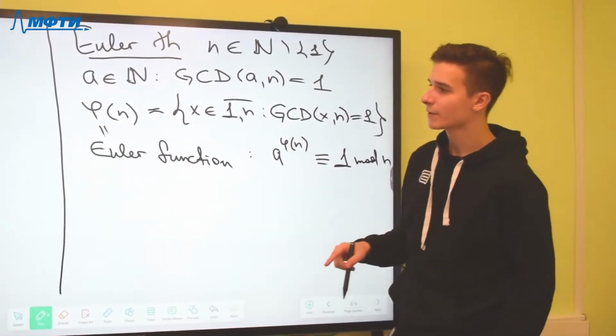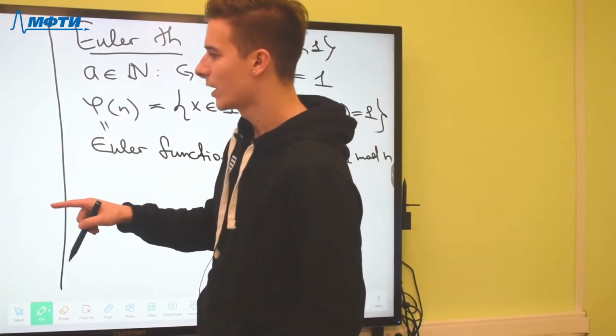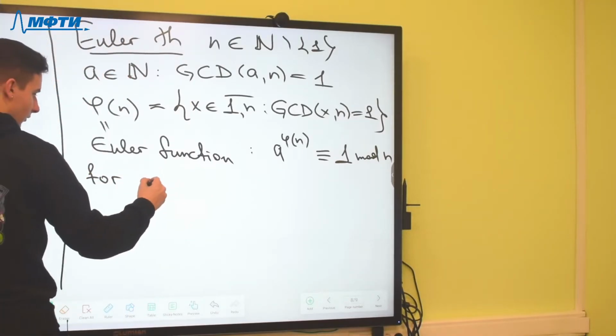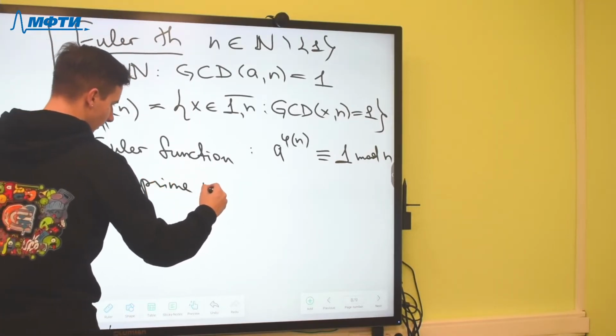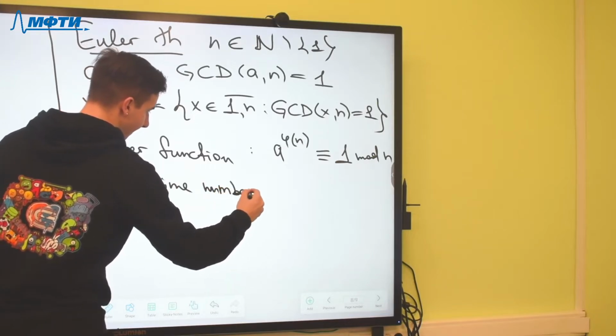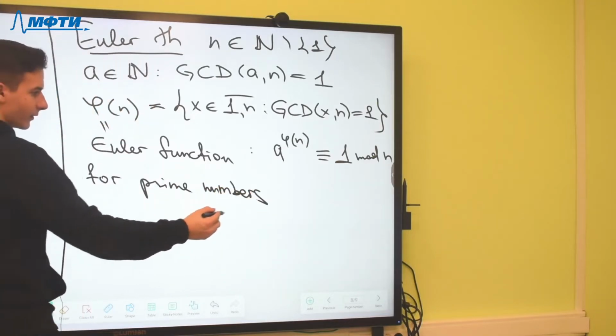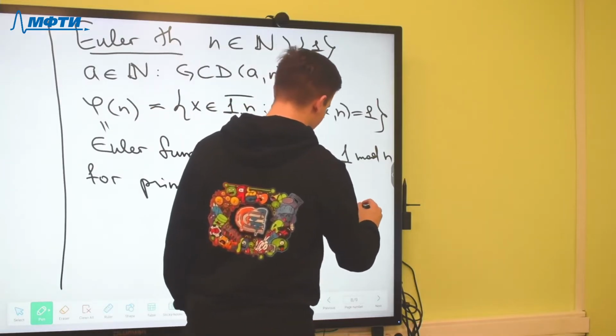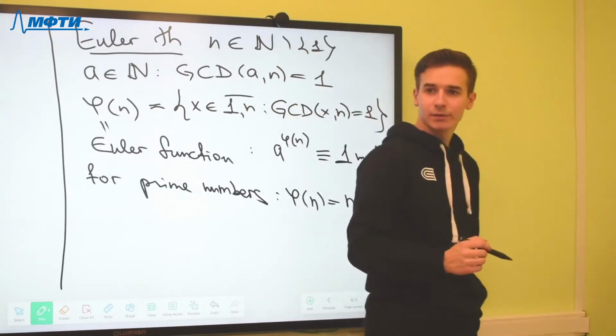And of course, for prime numbers, we have that phi of n is n minus 1.